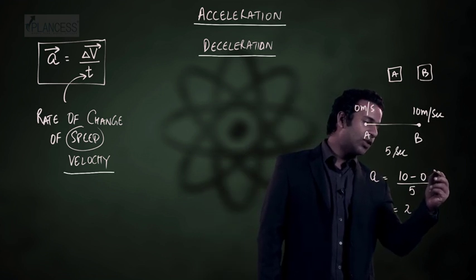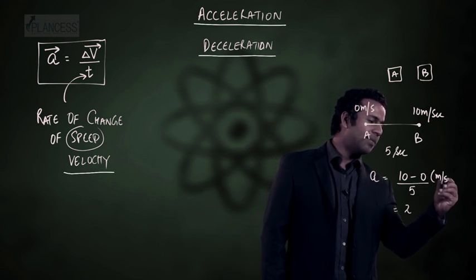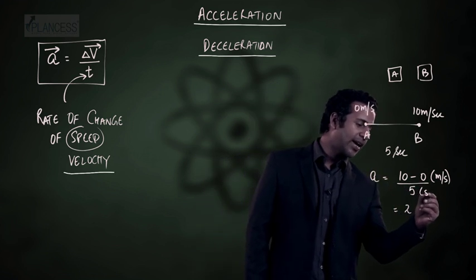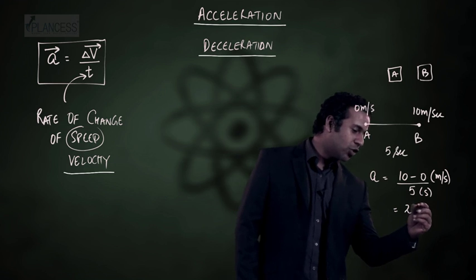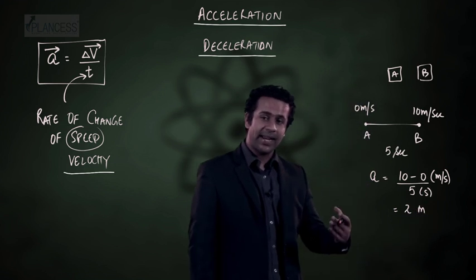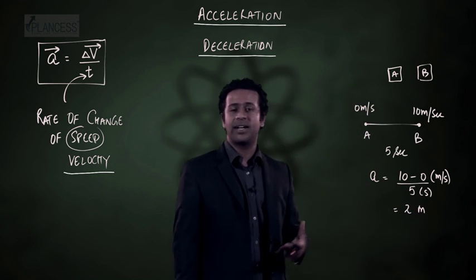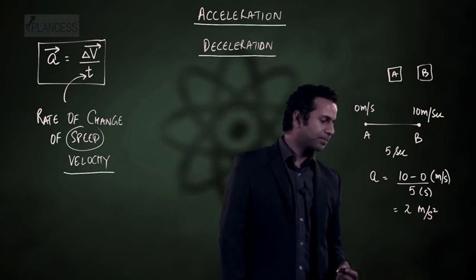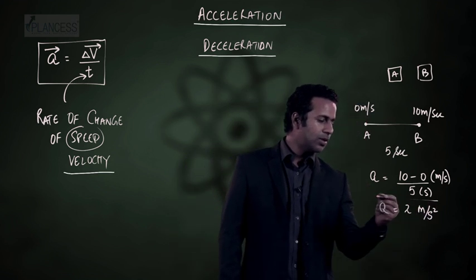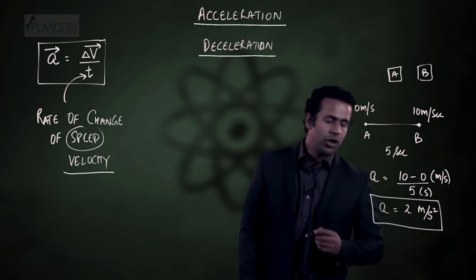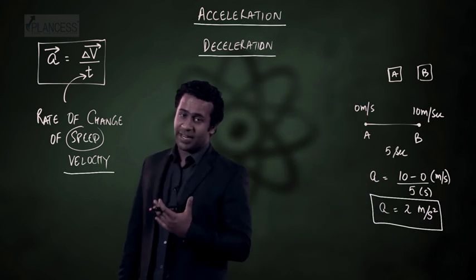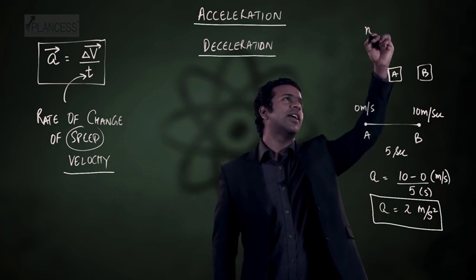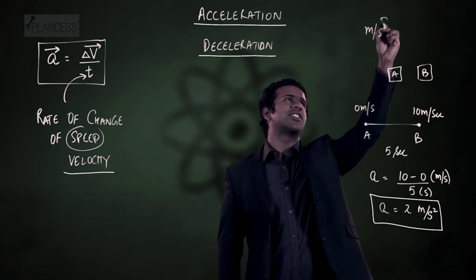The speeds which we are measuring are measured in meter per second. The time is measured in second. So the unit should be meter per second divided by second, which can be written as meter divided by second square. So the acceleration becomes 2 meter per second square, and meter per second square is the unit in which acceleration is measured.